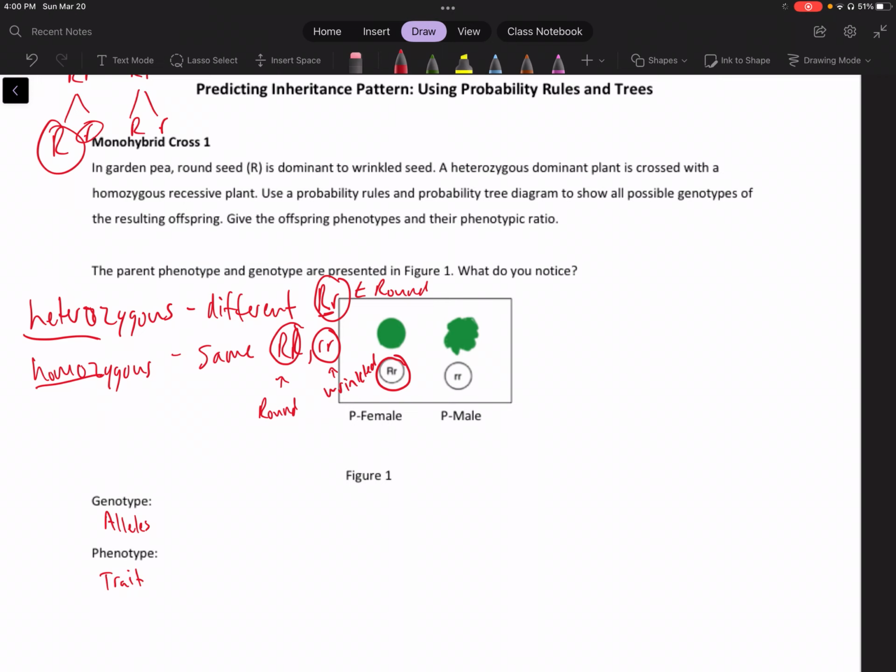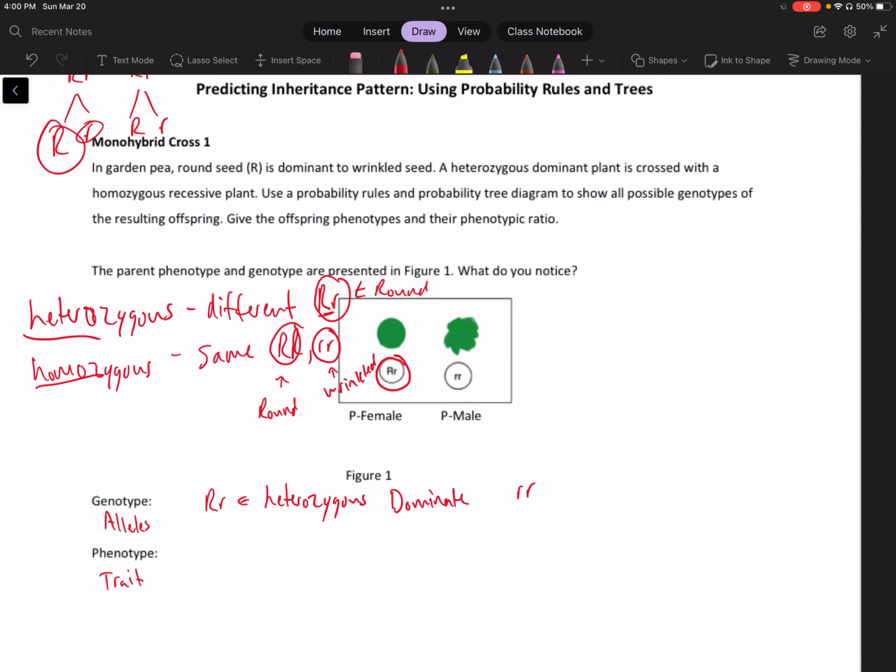So we're going to look at the possible genotypes, the resulting offspring, give the offspring phenotypes and their phenotypic ratio, which we'll talk about in a little bit. So genotypes. Mom would be capital R, lowercase r. Another word for this would be heterozygous dominant, because it's going to show the dominant trait, and they're different, so heterozygous.